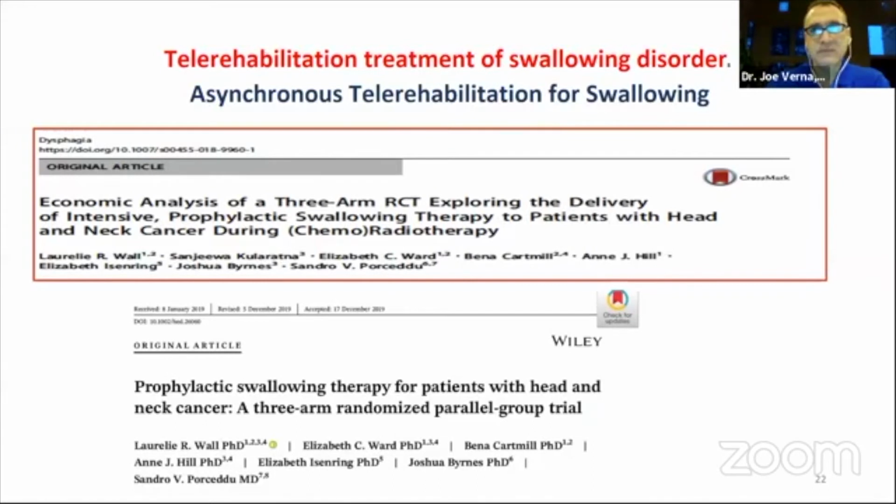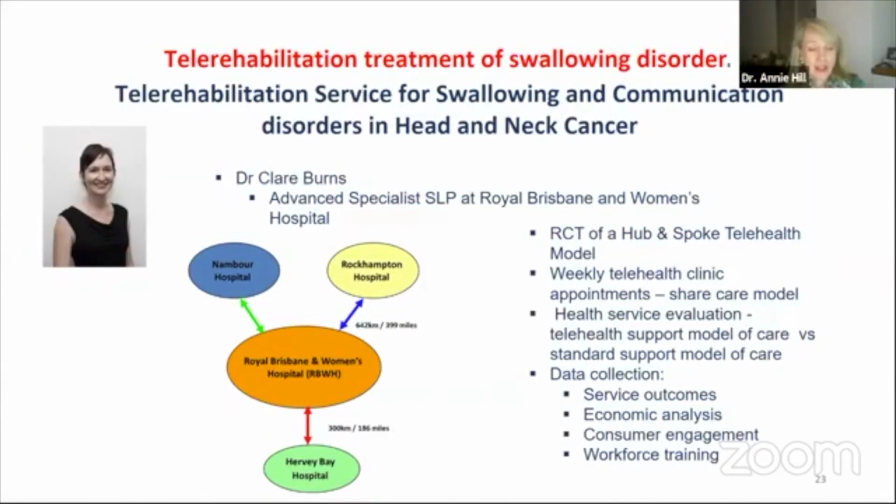Dr. Claire Burns again, she set up a telepractice clinic for head and neck cancer. She started off with a pilot trial and then moved on to a randomized control trial using a hub and spoke model.